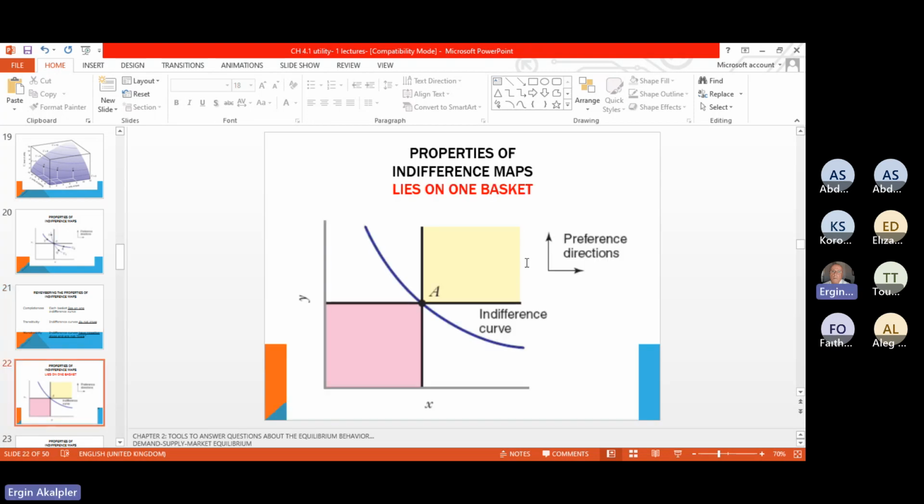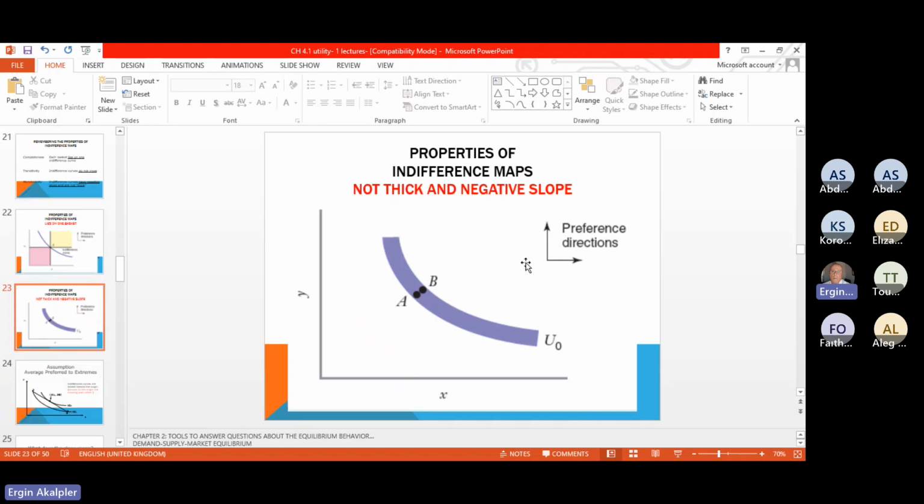As you see, the indifference curve lies on a basket, as mentioned, and at least you understand there is a combination of these two, as represented here with this purple square. There is a y and x combination for this indifference curve, and if it is thick, then this will create a problem, because then you will have two different levels of combination of these two, where b is higher than a, and if the indifference curve is thick, it creates a problem for the consumer.